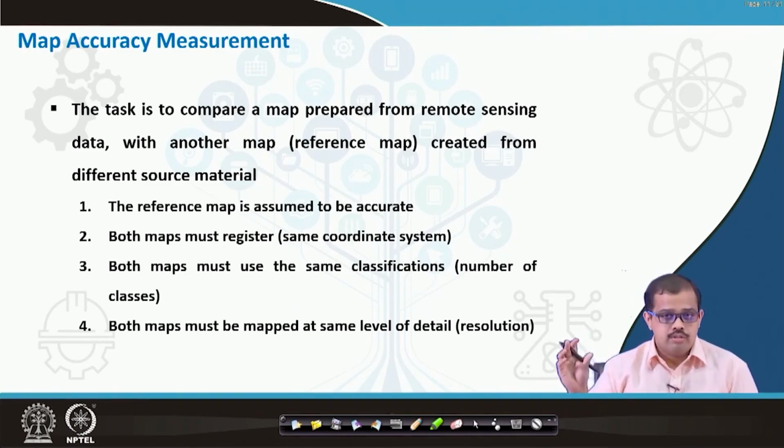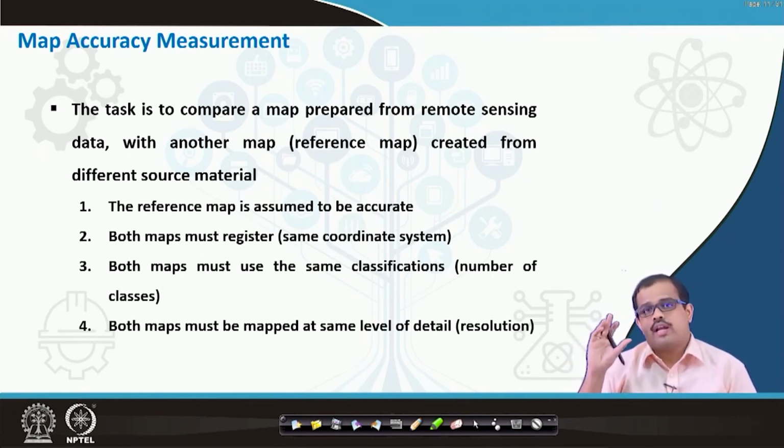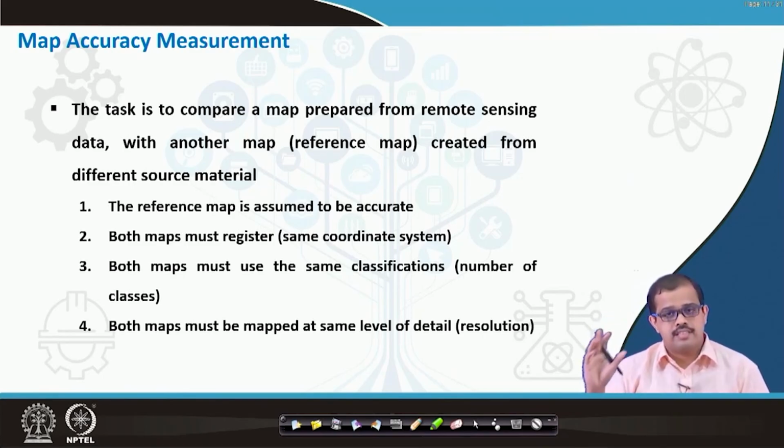So the basic assumption is that the reference map is accurate. That is a very basic assumption that we normally use, and both maps, I am repeating it again and again, when you are comparing, both of them should be in the same reference system. Okay, when I say reference, same datum, same coordinate system, same projection.